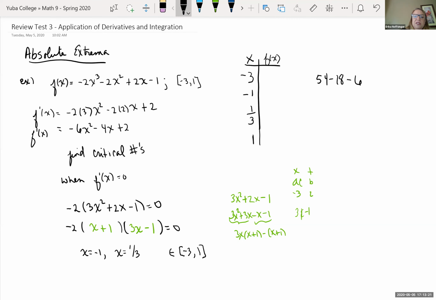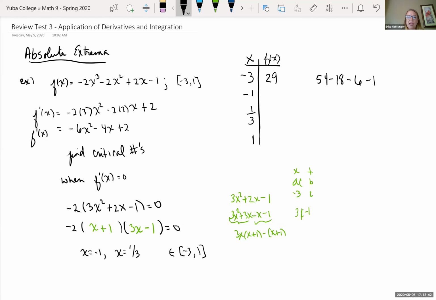Plus 2 times -3, which is, oh, we just did that, and then -1. Okay, so 54 minus 18 minus 6 minus 1. This gives us a value of 29.